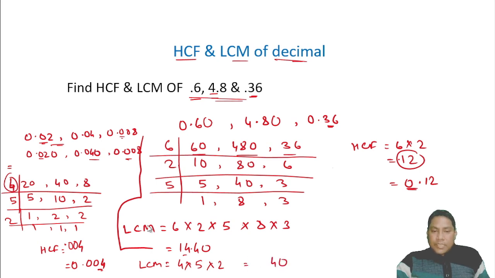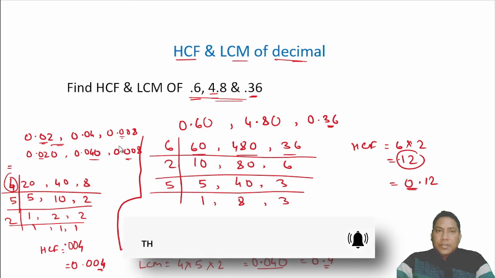So to take out the LCM of these decimals, there are 3 digits after the decimal, so we'll put the decimal here, and this is 0.040. 0.04 is the LCM of all these numbers. So friends, these are the methods to take out the HCF and LCM of decimals.